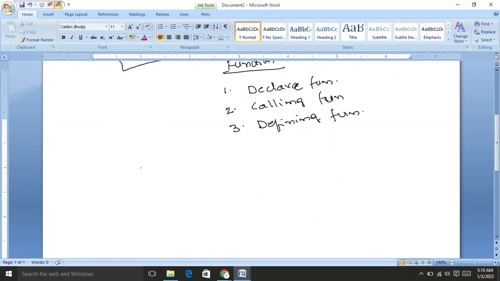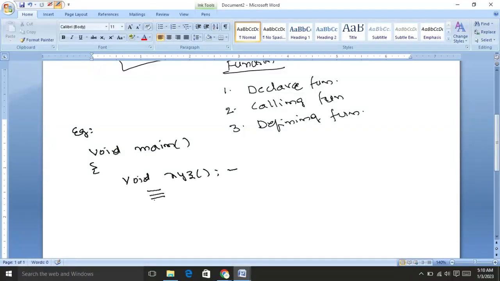For example, let us consider this is the main program. I am writing an example. After that, I will show you actual code, write it live and execute it for your understanding. In main, here I am going to write void, suppose x, y, z. So this is the declaration.